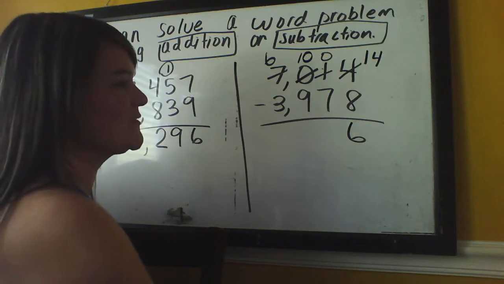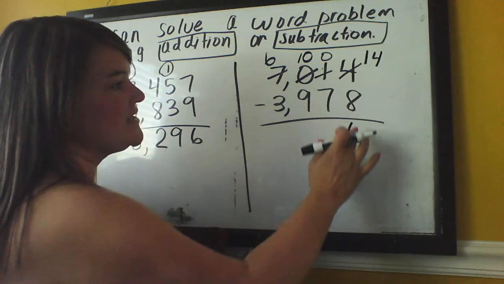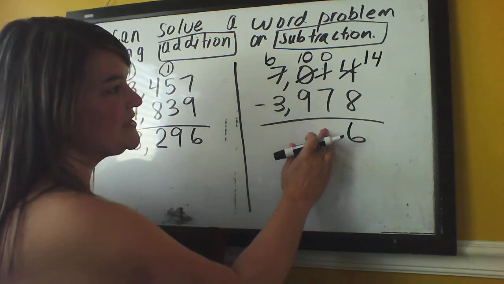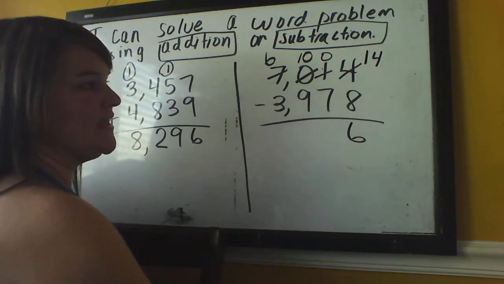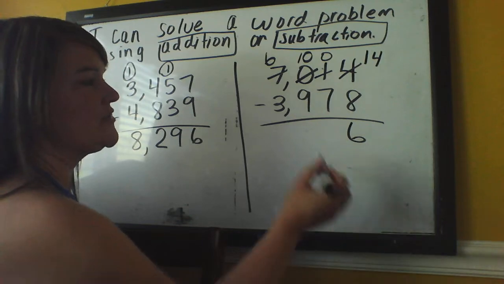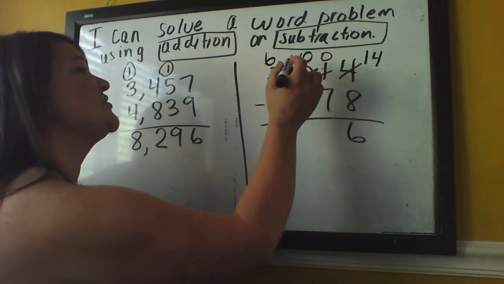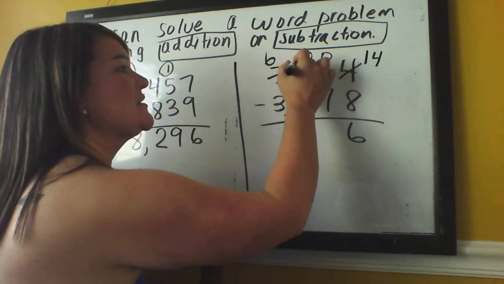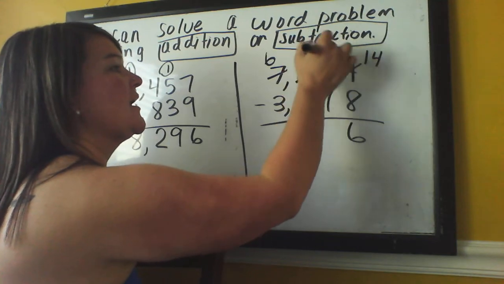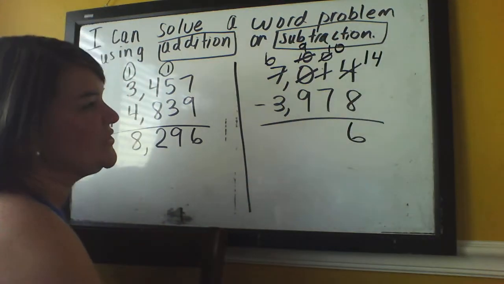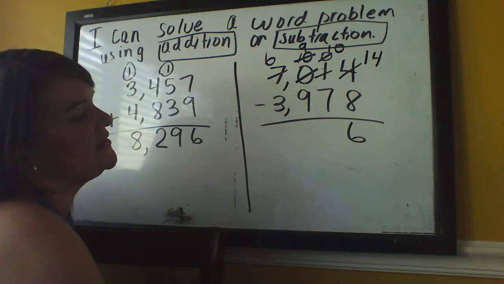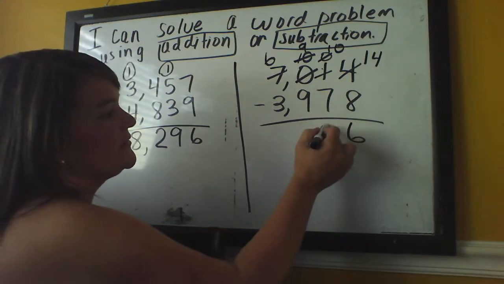So now I ask myself again, I've already subtracted my ones, so now I do my tens. I have 0 minus 7. But you can't take 7 away from 0, so now I have to go back to my hundreds, and now that there's a 10, I can take one away, and that becomes a 9, and this becomes a 10. So now 10 minus 7, I can do that, that's 3.